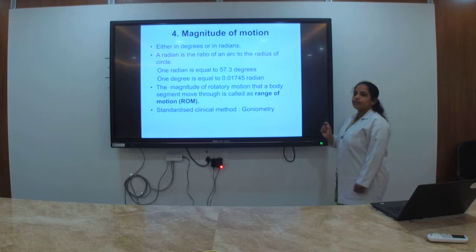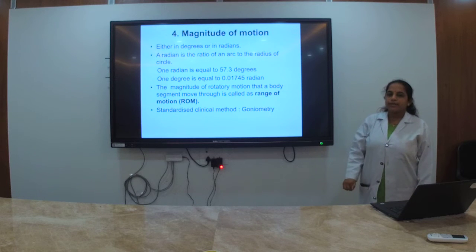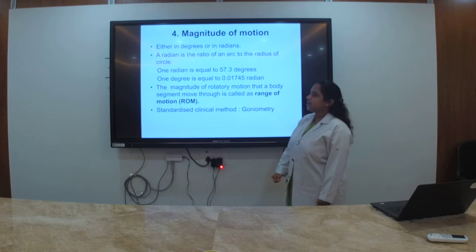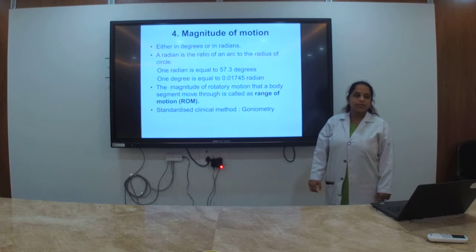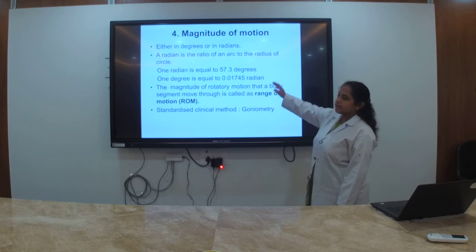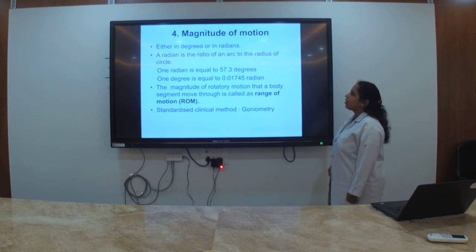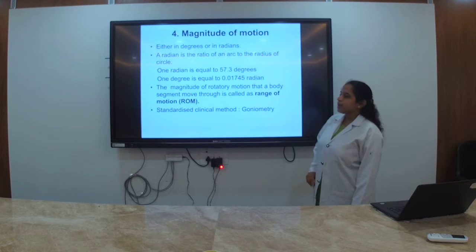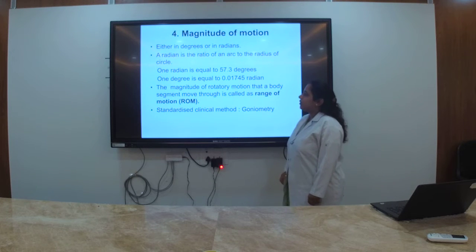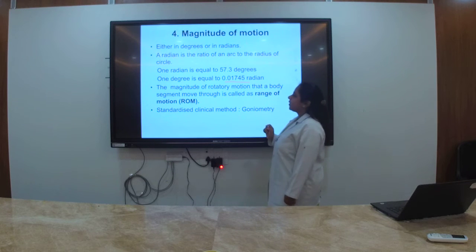fourth variable of kinematics, that is magnitude of motion. Magnitude is nothing but the quantity of the motion. Now how to measure this quantity is by the universal method of range of motion. It is expressed either in degrees or radians. A radian is the ratio of an arc to the radius of the circle. 1 radian is equal to 57.3 degrees, while 1 degree is equal to 0.01745 radian.